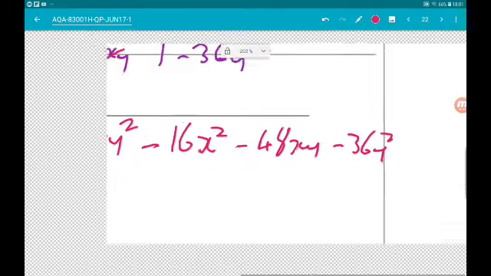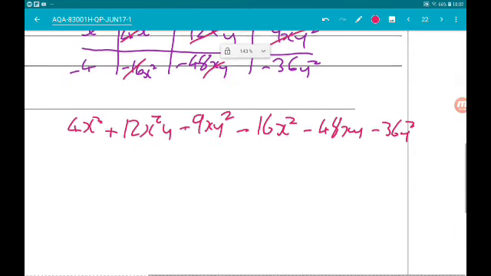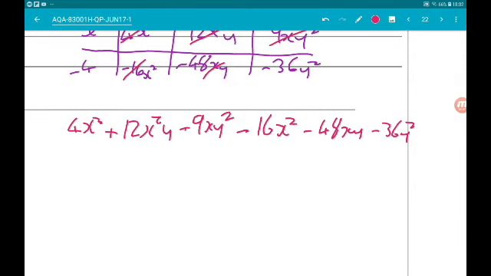Now we can't simplify that at all. There are no like terms, so that is our answer.